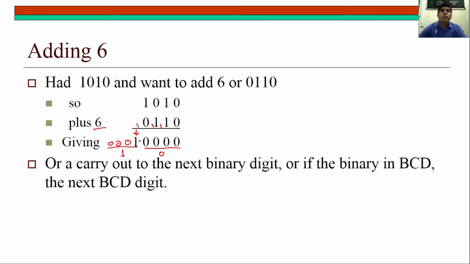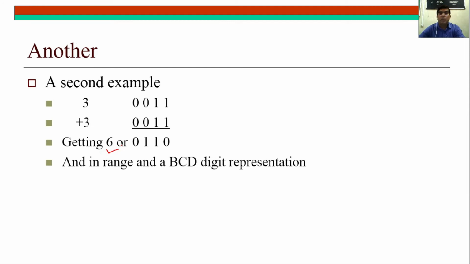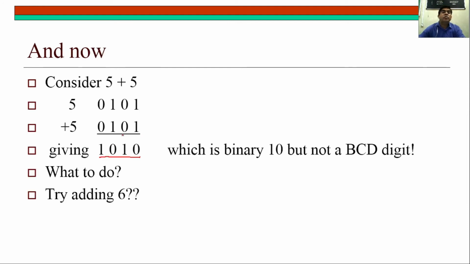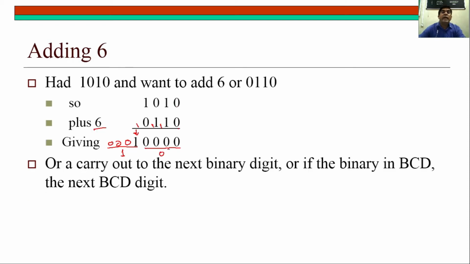So this is how we convert the incorrect answer to the correct answer. If I get an answer more than 9 in any place, that time there is a problem, and we correct the problem by adding 6. If I add 6, then the problem is solved.